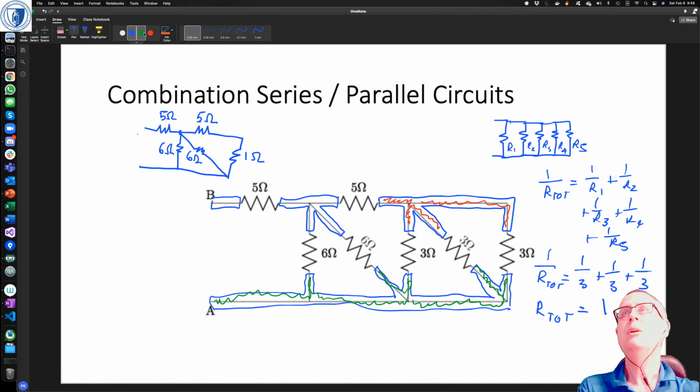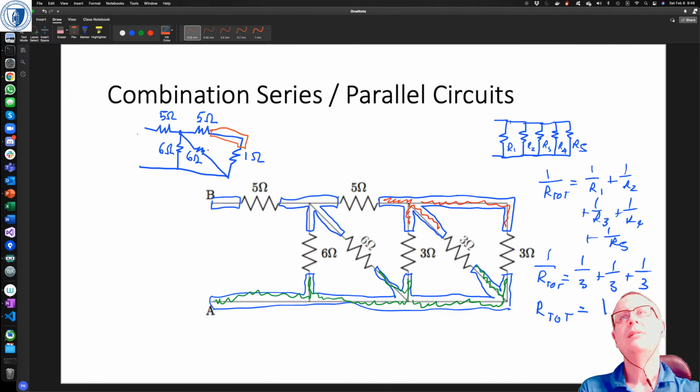And now what we can do is we can see that that 5 ohm and the 1 ohm that we just created out of the 3 ohms share exclusively a common node.